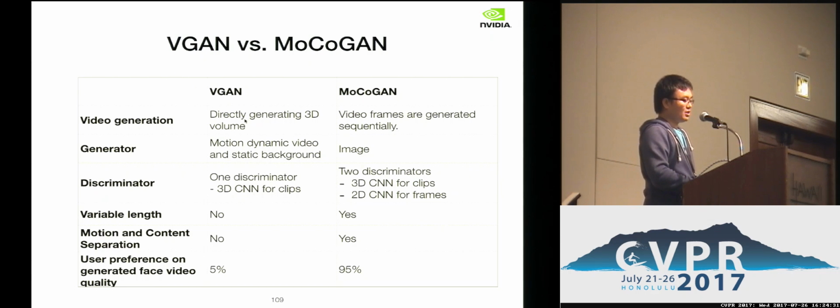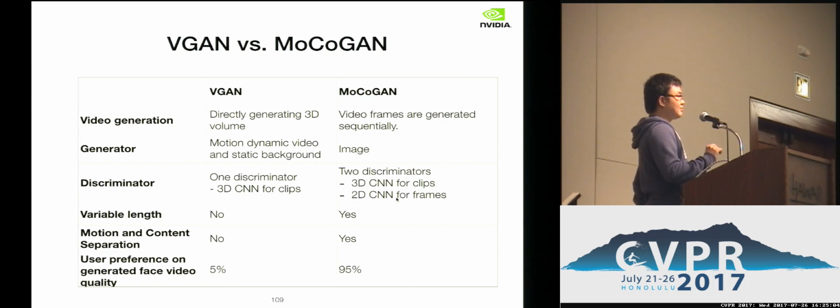In VGAN, video generation is done by mapping a latent code to a video volume. It directly generates a 3D volume. In MoCoGAN, we generate frames one by one, sequentially. The generator in VGAN is a motion dynamic video and a static background, and in MoCoGAN it is an image generator. VGAN has one discriminator, a spatial temporal CNN, and MoCoGAN has two: an image discriminator and a video discriminator.